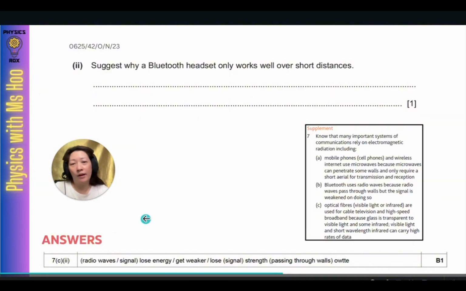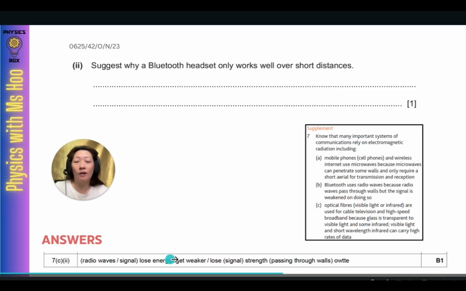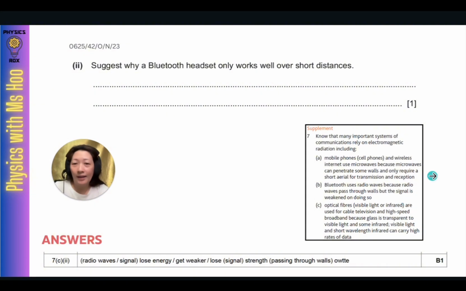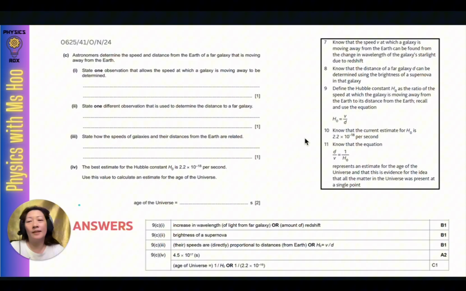So you talk about radio waves because you need to know that Bluetooth uses radio waves and they only work well over short distance because of these reasons, which are already written here in the syllabus guide. So yes, knowing the syllabus guide well will really help you come up with the answers for these kind of questions. One more example. This is an extract from the winter 2024 paper variant 1.